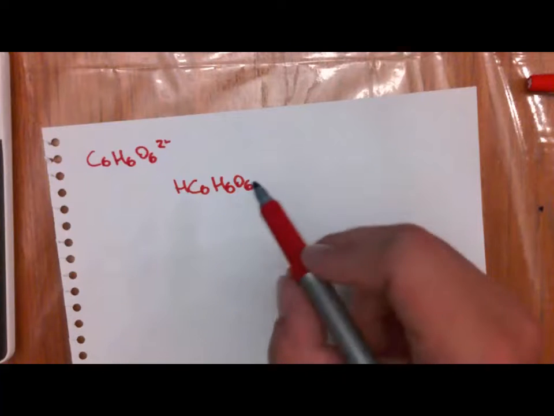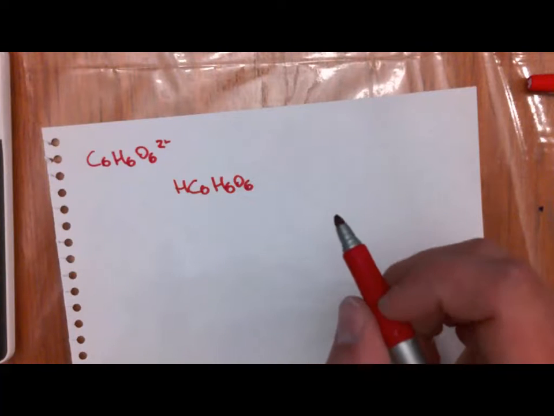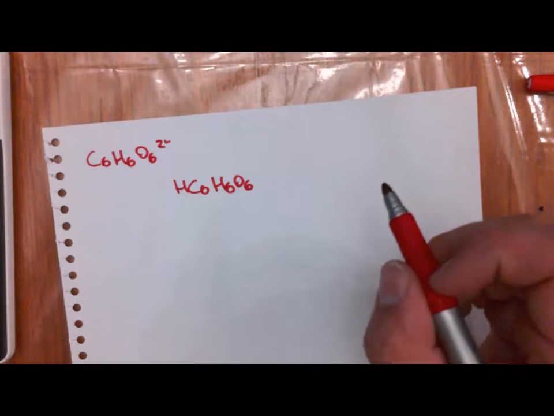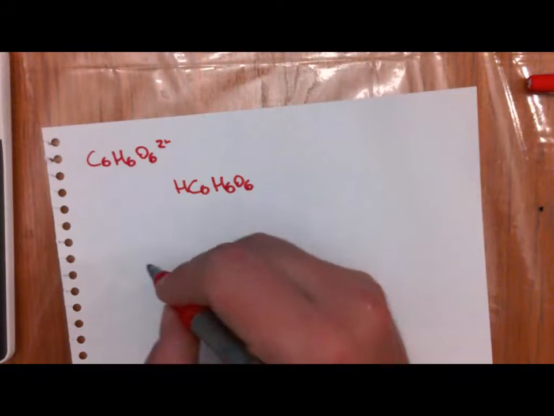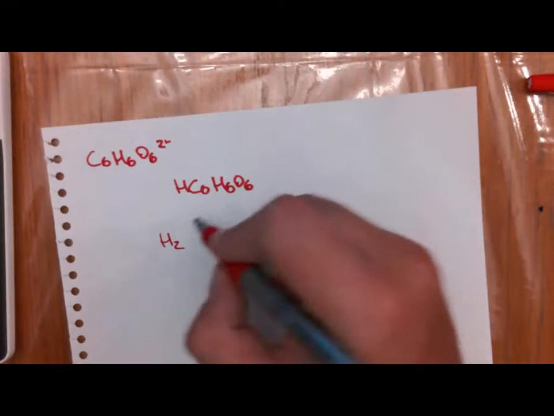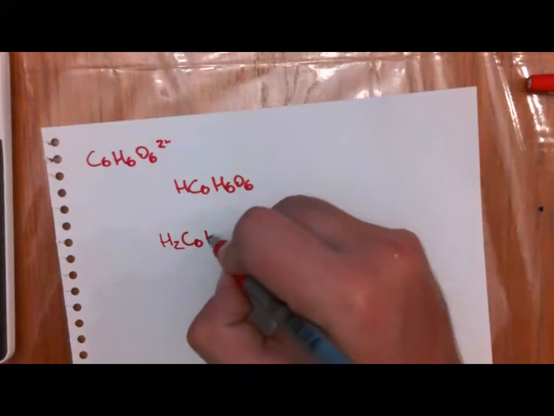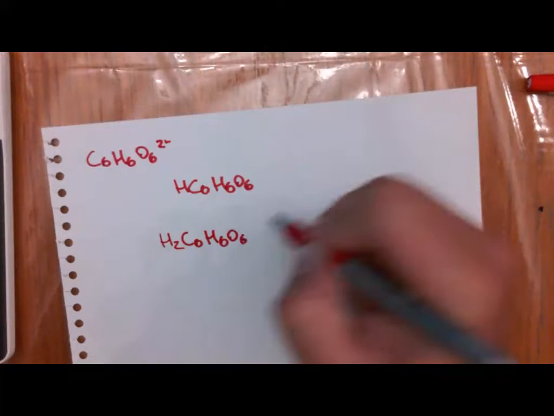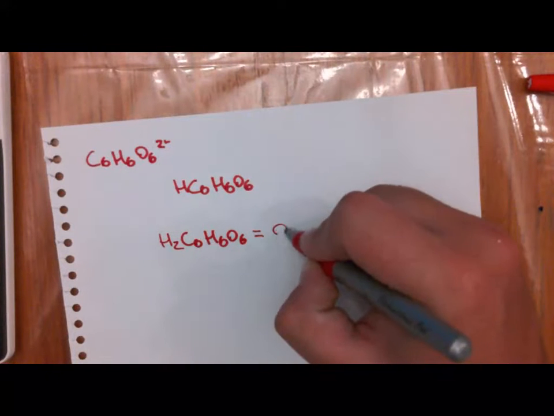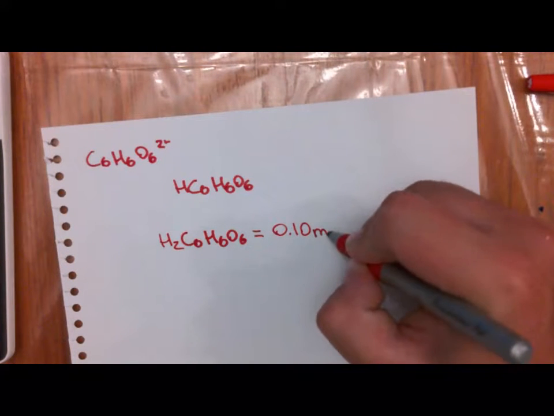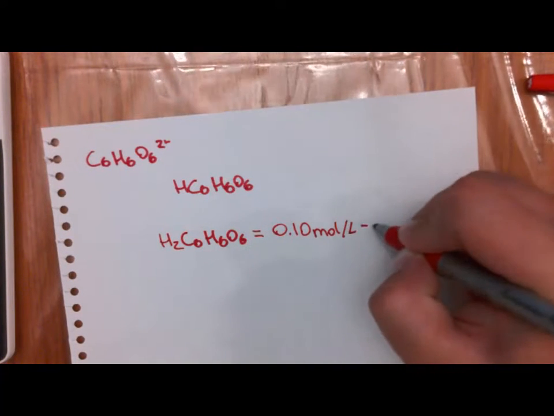So to do that, I'm going to already know that my concentration of my H2C6H6O6 from earlier is just going to equal 0.10 moles per liter minus X.